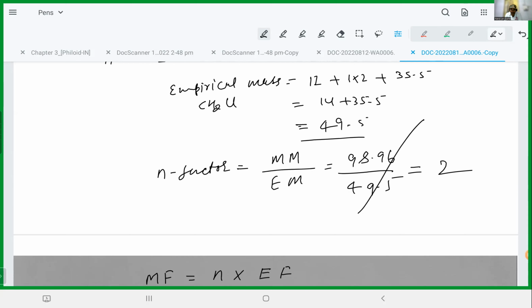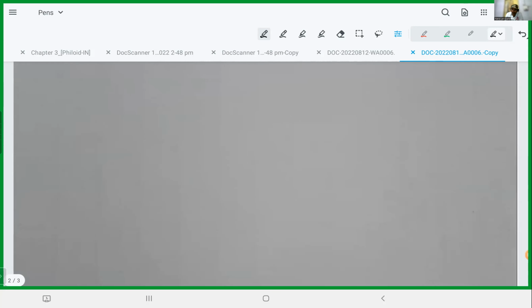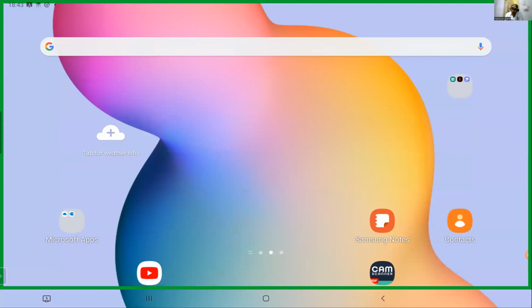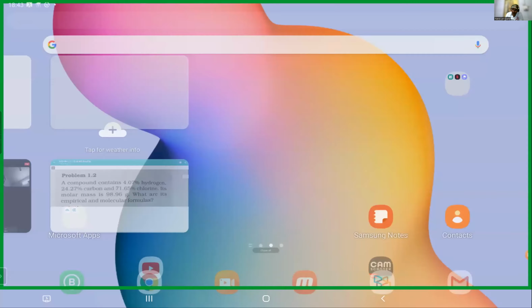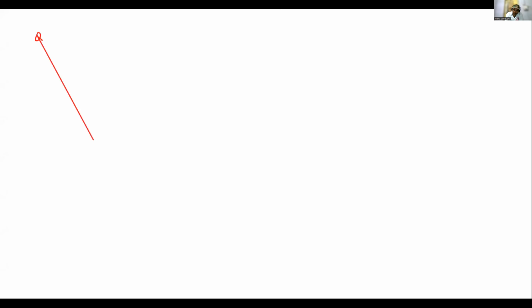That's two options we are having. I'm writing the question because if I share the screen, it will be a problem. So let me write it down. Okay, question I'm writing.